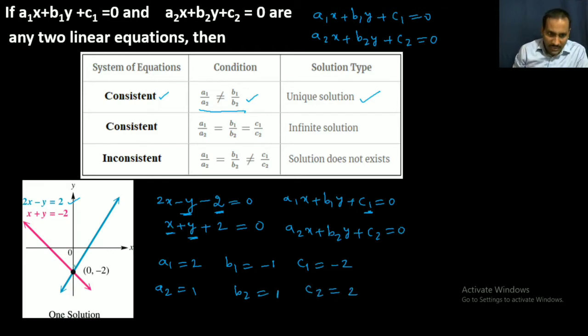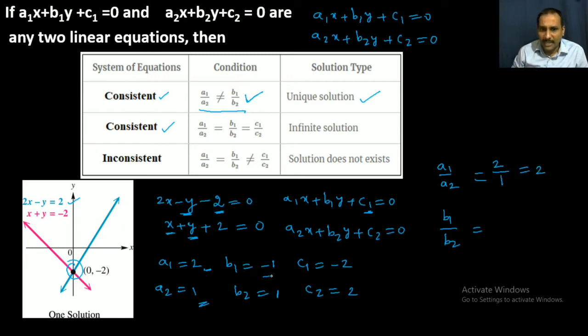Now we know that by looking at the graph, one solution exists and it is consistent. Now we will check whether a1 by a2 is not equal to b1 by b2. What is a1 by a2 here? 2 by 1, that is 2.